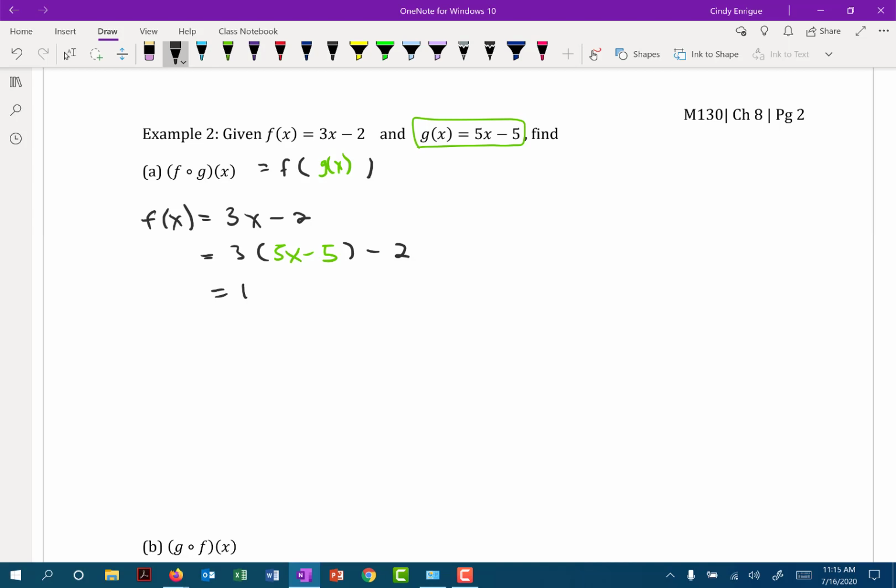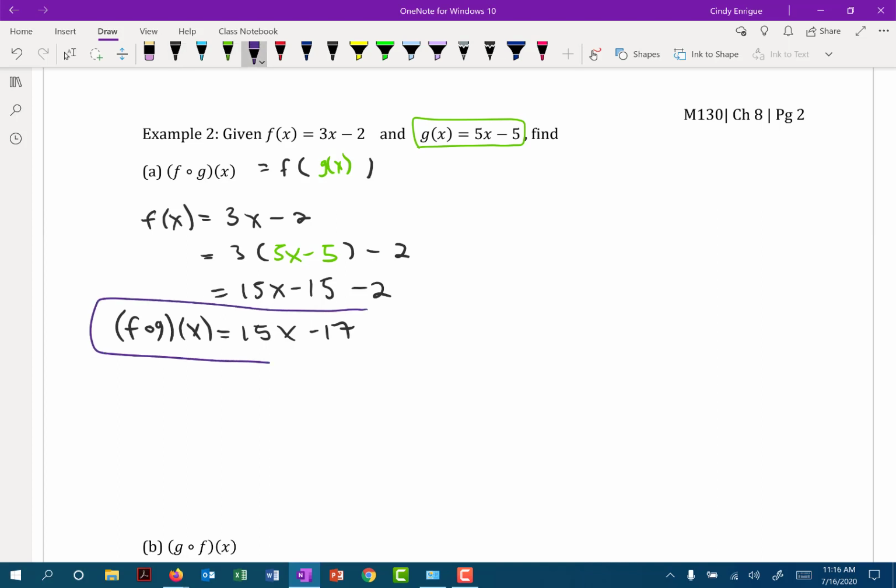Well, when I distribute, I'll get a 15x minus 15 minus 2. So if I have a negative 15 minus 2, that gives me a negative 17. So now f composed with g with respect to x is equal to 15x minus 17.